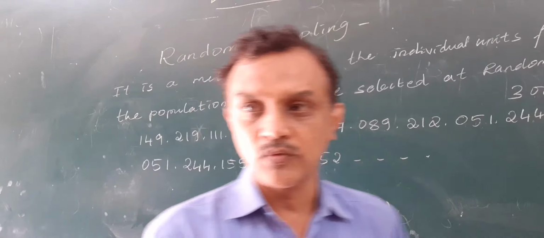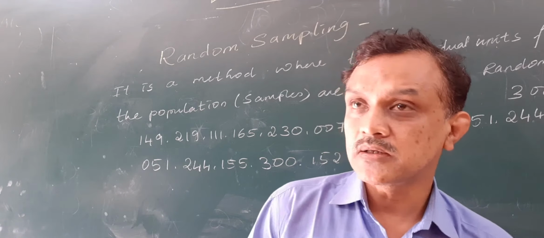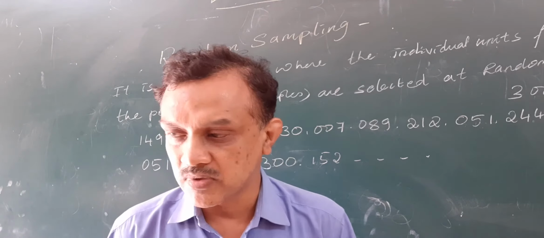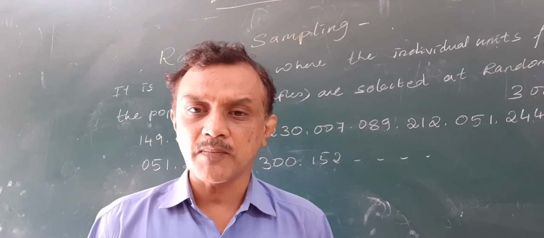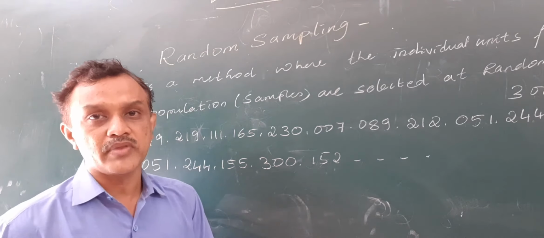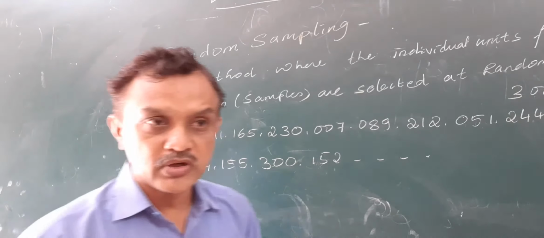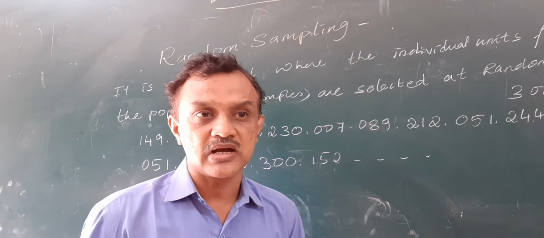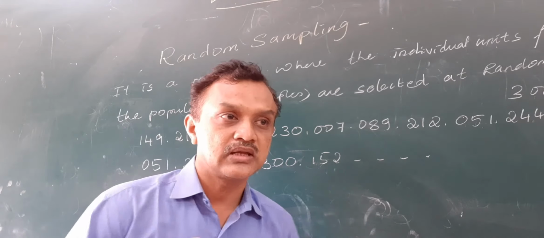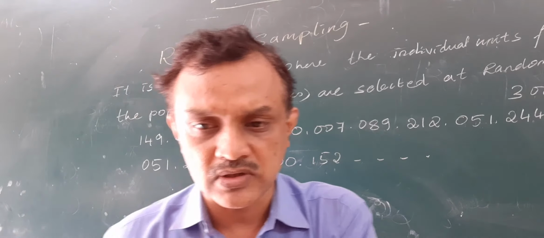Listen here, whenever you want to know about any particular factor, we use random sampling. For example, if the government wants to know the impact of a rise in the price of petrol on the people, we cannot go to each and every person and ask whether he is happy or not, how much petrol he was using before and how much he is using now.